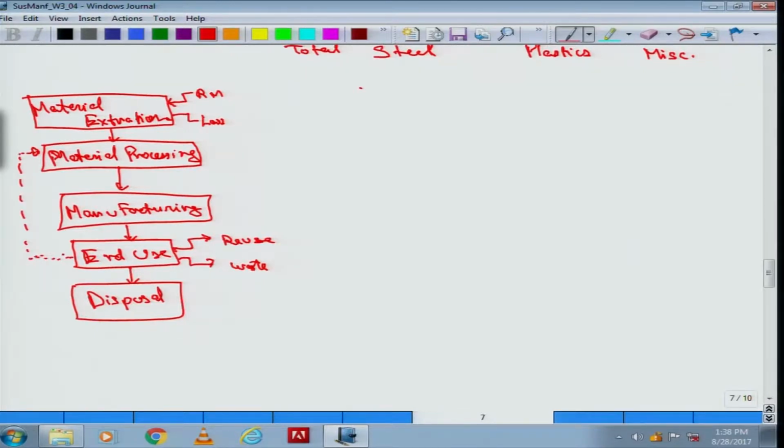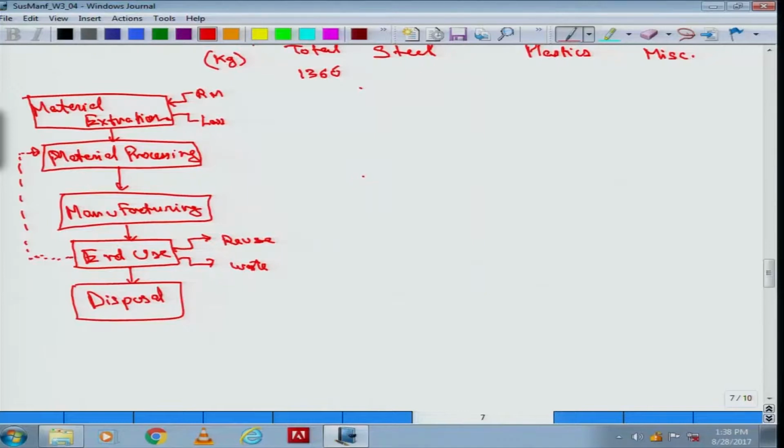So what was observed in this study was that the total weight of the automobile here was 1366. This is kgs, kilogram, all weights are in kilogram, right.